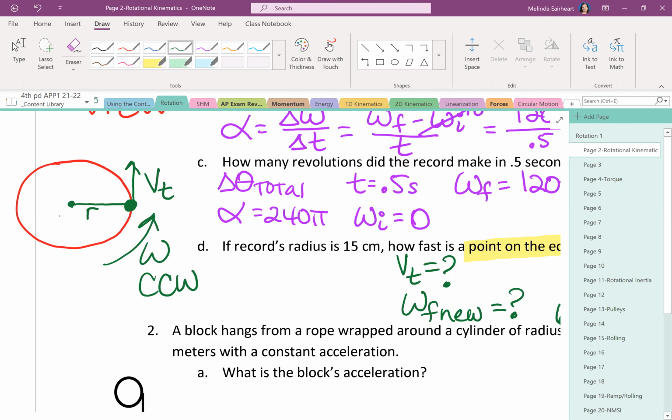If you remember simple harmonic motion, we had a maximum distance, an amplitude, and an equation that relates linear speed to angular speed. In simple harmonic motion, we wrote it as V max equals A omega. But now we don't really have amplitude, but there's a radius.